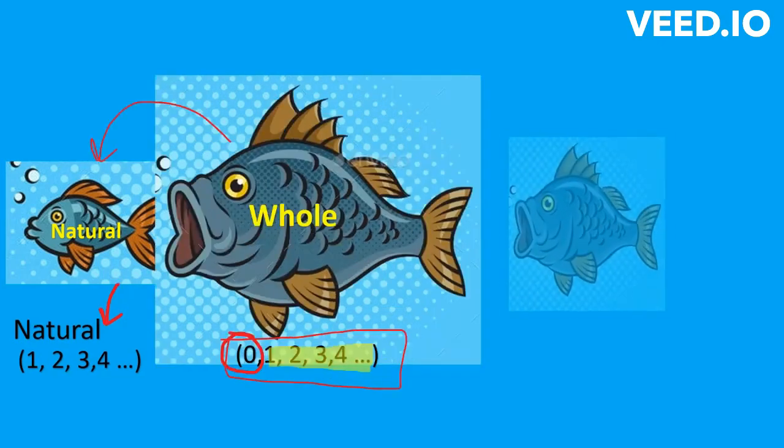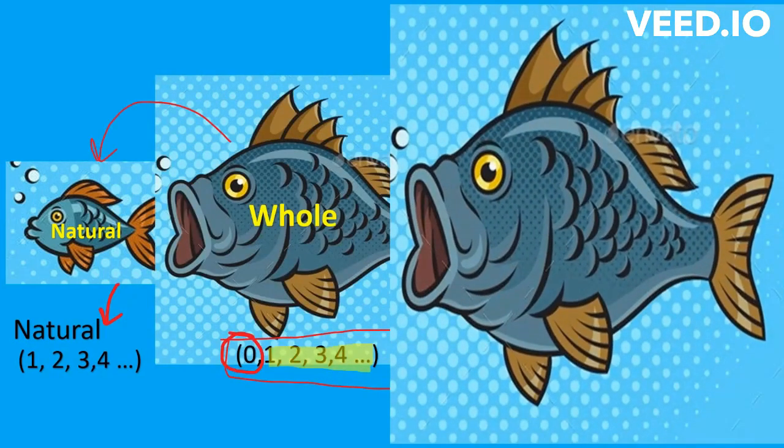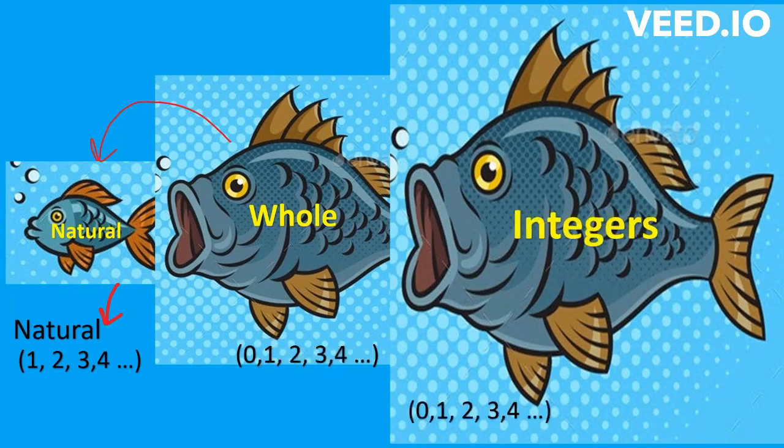There is also a bigger fish here representing the integers. These contain all the whole numbers along with negative whole numbers.